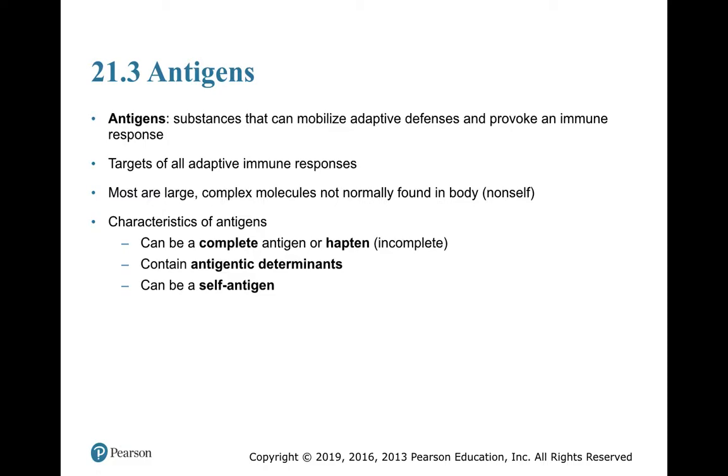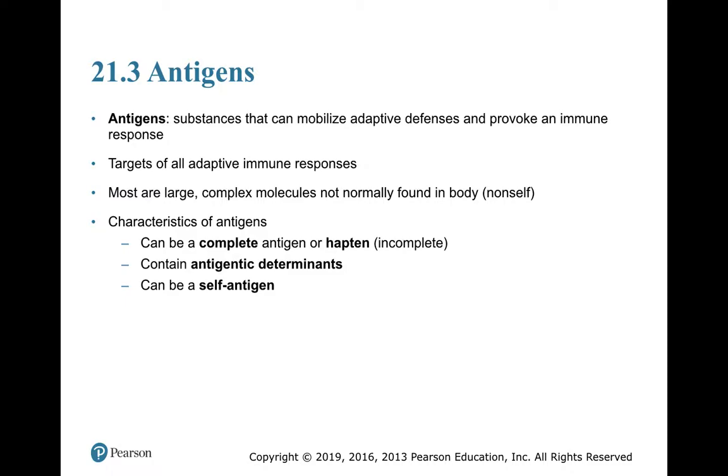Antigens can be complete antigens or, in some cases, haptens, which means they are incomplete and they have to bind to something else to get an immune response going. But in those antigens, there are numerous antigenic determinants. And those antigenic determinants are the actual sequences of things that antibodies or T cell receptors interact with.